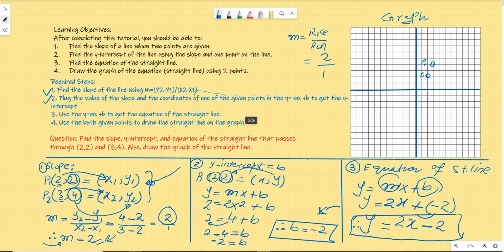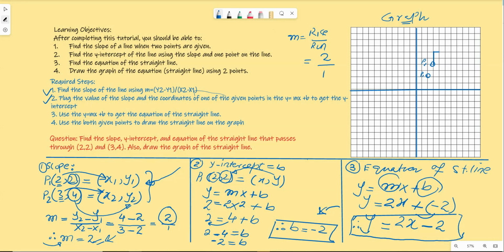So from this point, your rise is 2, which means you have to go 2 units up, and your run is only 1, so you have to go towards the positive side because the value of run is positive.